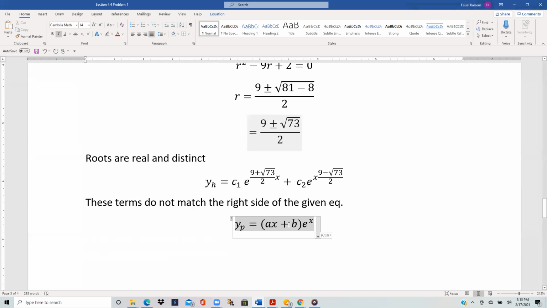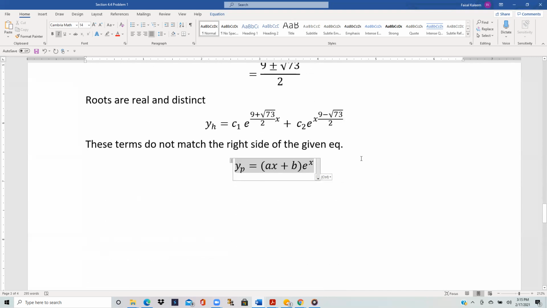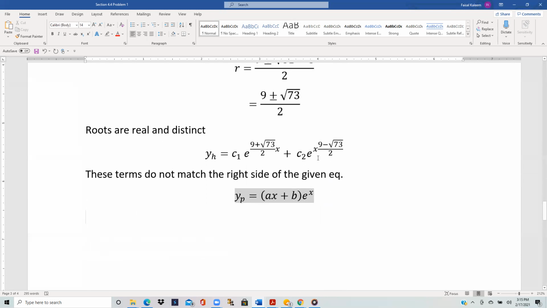So now once we've spotted that this is what yp is going to be, since in this equation we will need a derivative and two derivatives, let's calculate them over here.